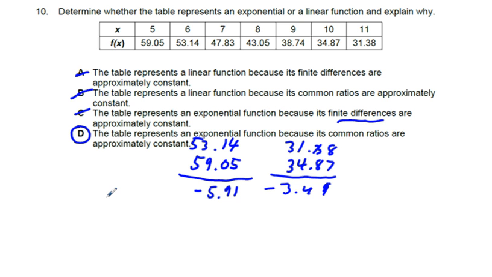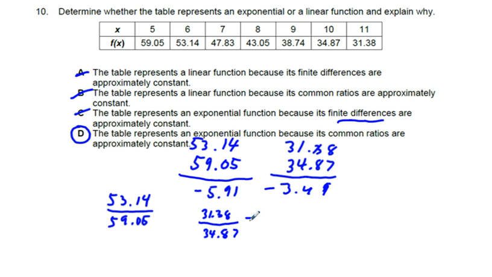So if we just took the ratios here, and I'm going to do a couple of these, I'm going to put 53.14 divided by, this time, 59.05. And then 31.38 divided by 34.87.